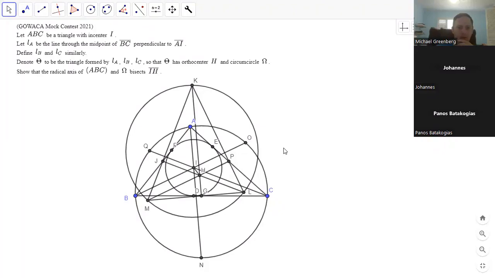So basically, MP is parallel to BO, CQ is parallel to LJ, right? So we have all these parallel lines.